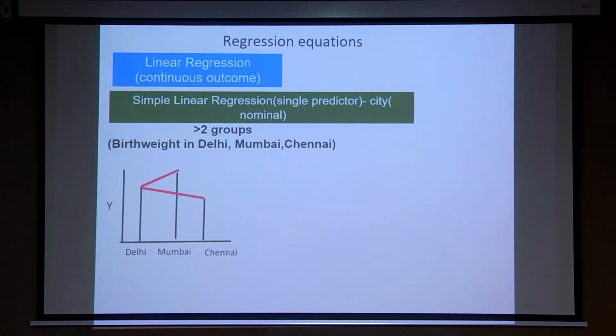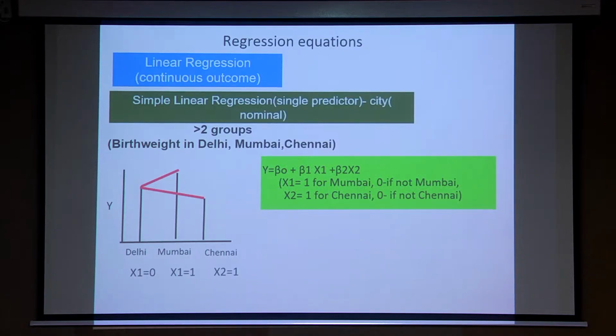Here we have three groups, say birth weight of children in Delhi, Mumbai and Chennai. How is the regression equation going to be? See, beta 0 intercept plus beta 1 into x1 plus beta 2 into x2. So we have 3 groups and beta 0 is the reference group, Delhi, where x1 will be 0 and x2 will be 0. For Mumbai, x1 will be 1, and for Chennai, x2 will be 1.